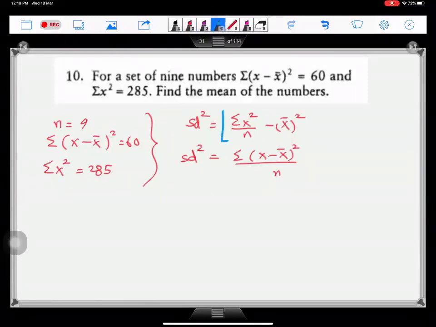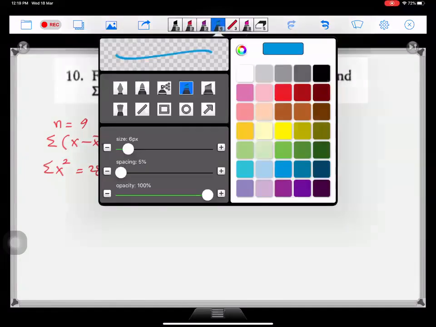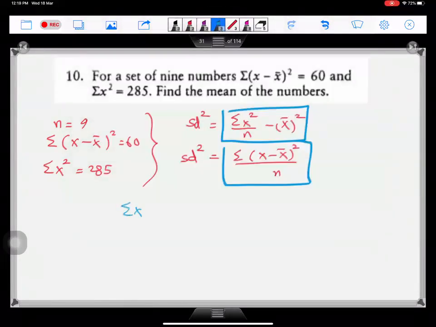So if I equate this with this, what will happen? Sigma x square over n minus x bar square is sigma x minus x bar square over n. What is n? 9.